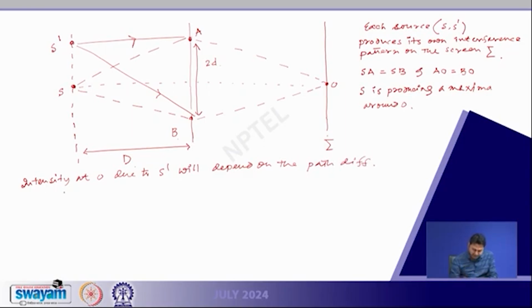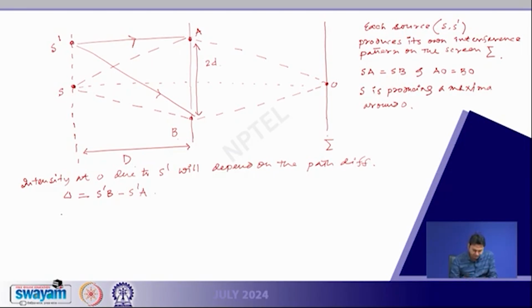And here the path difference means, if I write delta, that path difference is S prime B minus S prime A. Now we can put some geometry here.